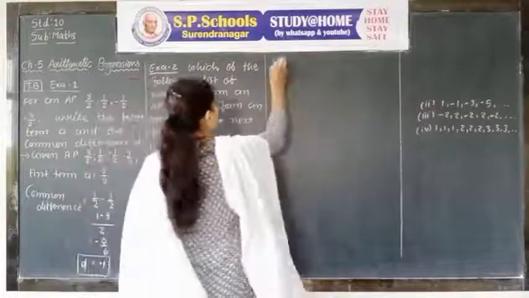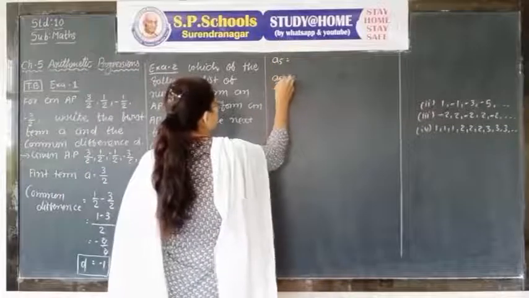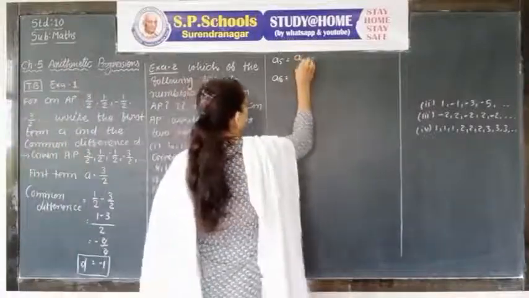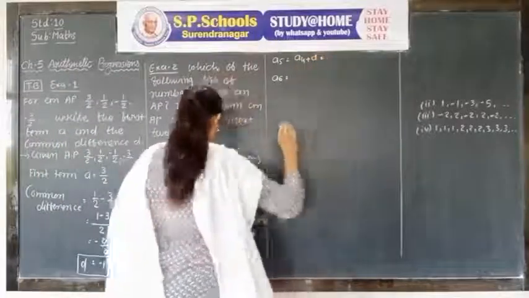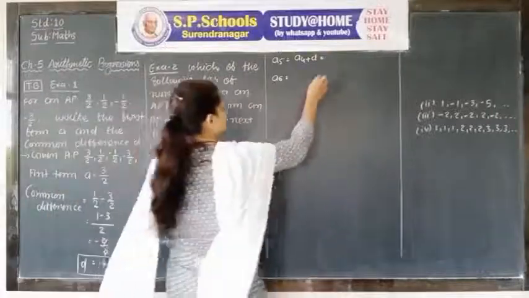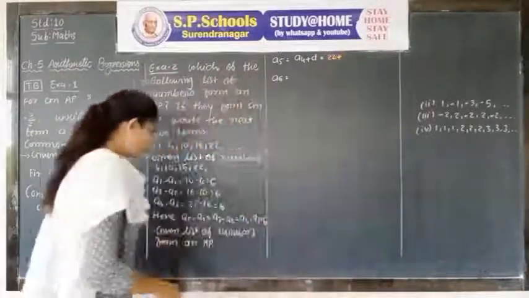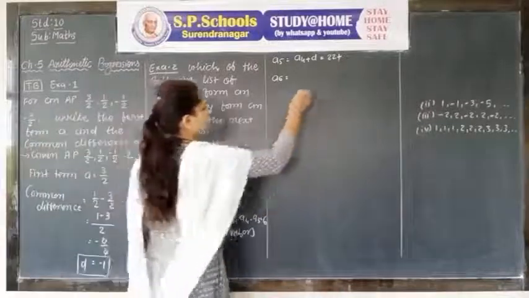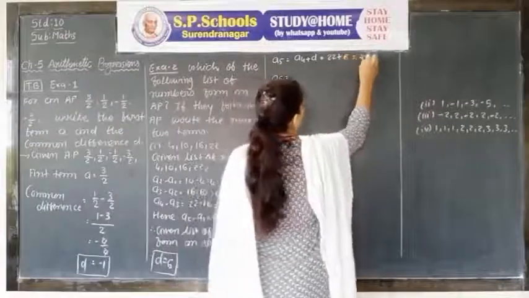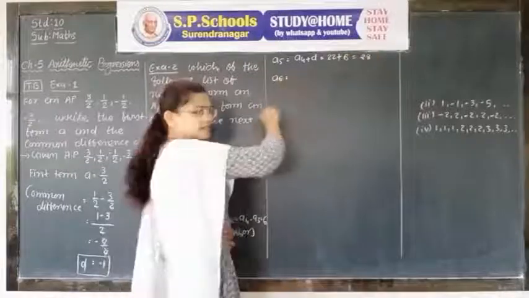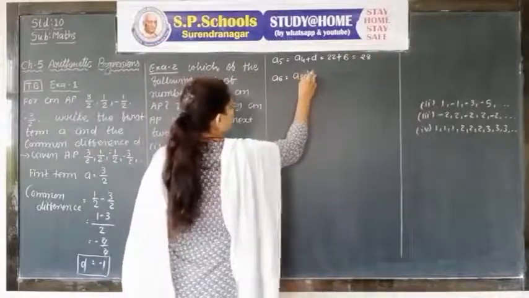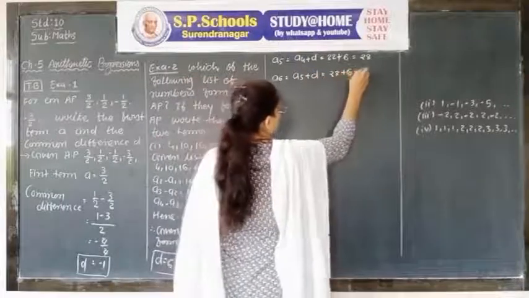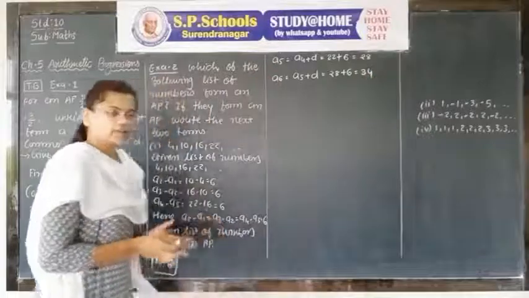Next two terms means a fifth term and a sixth term. To find the fifth term, we add the common difference D to the fourth term. The fourth term is 22, and here the common difference D is equal to 6, so the fifth term is 28. To find the sixth term, add D to the fifth term. 28 plus 6 and we get 34, the next two terms.